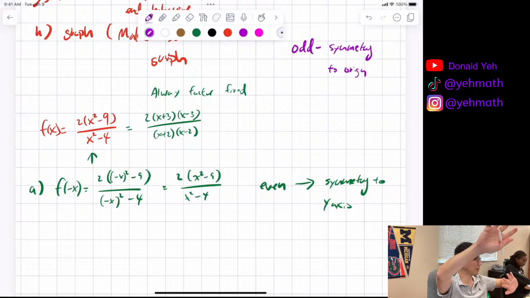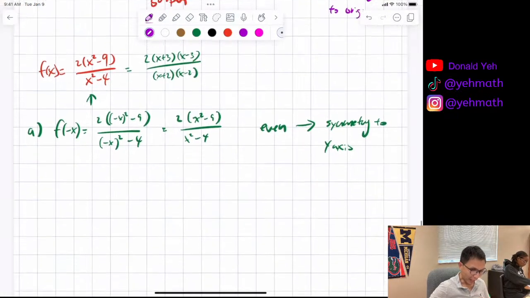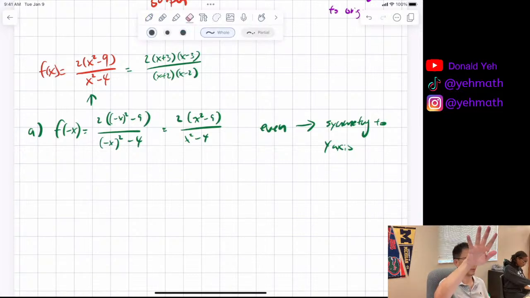Like x cubed graph. X cubed graphs look like this, right? Waterfall. Those are opposite to the origin. Symmetry to origin. So they are x cubed graphs like that. Actually, y equals x graph is also symmetry to origin because they are on the first quadrant and third quadrant. So they are opposite to each other. Does that make sense? Okay.